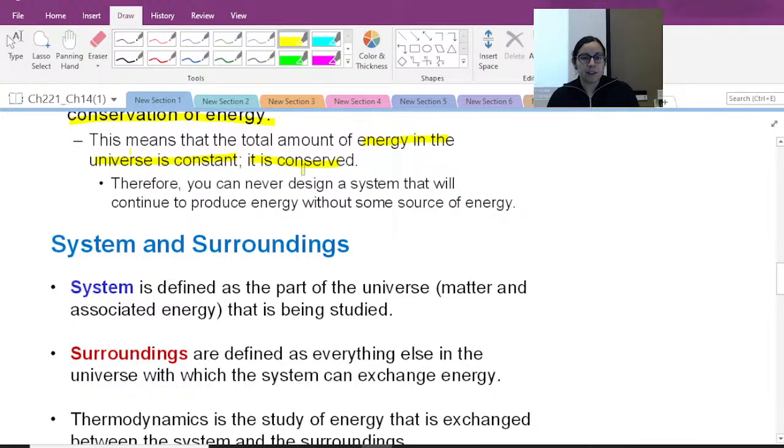And of course, we can never design a system that would continue to produce energy without some sort of energy source. Do you guys know what this is referring to? There's a theory. What are those machines called? Oh, you're talking about a perpetual motion machine. Yes, that's what it's referring to. So AKA no perpetual motion machine.